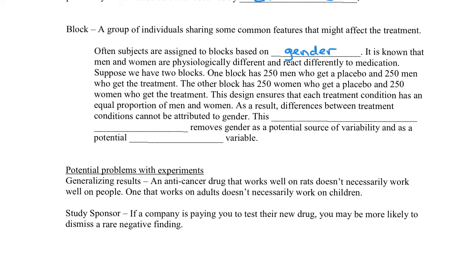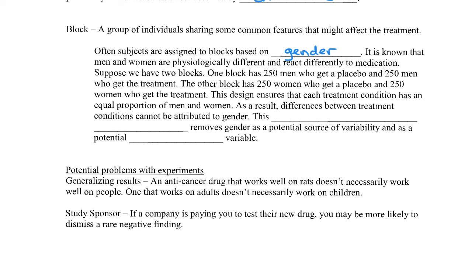This design ensures that each treatment condition has an equal proportion of men and women. As a result, the differences between treatment conditions cannot be attributed to gender. So you're ruling out that. So if there's something happening or not happening, it won't be because of gender.